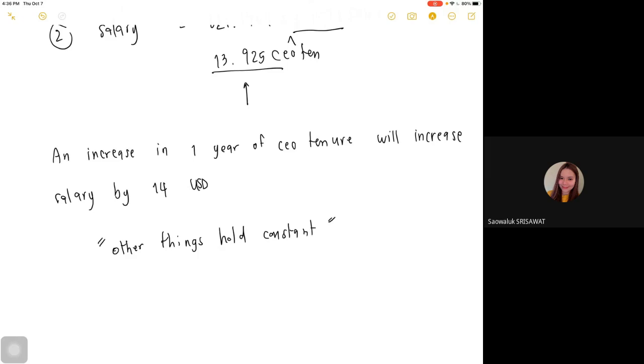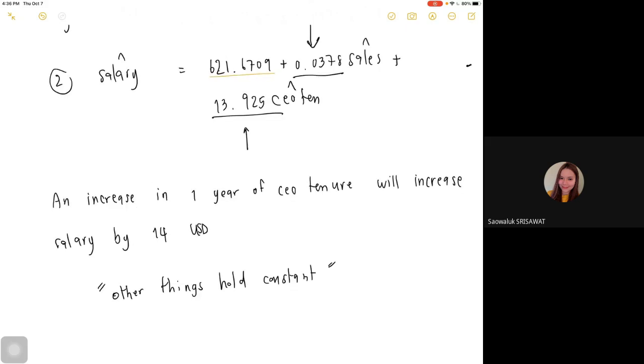Other things held constant. So for example, if you are trying to interpret the coefficient of CEO tenure, it means that other things in your model are kept constant. You let only CEO tenure change by one unit to see how it is going to affect salary, but other variables must be held constant.